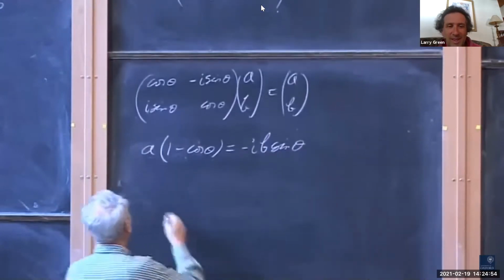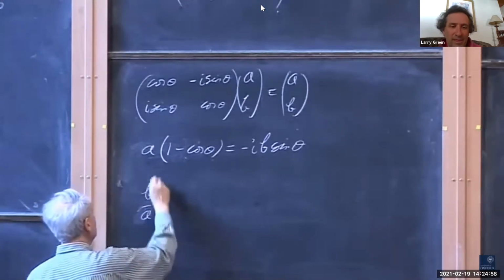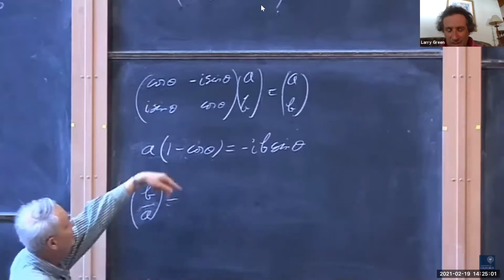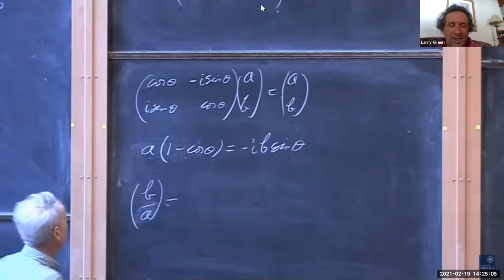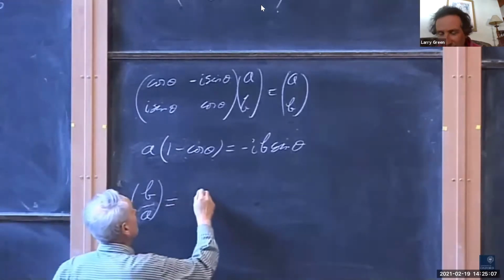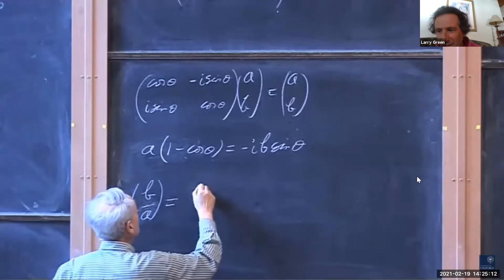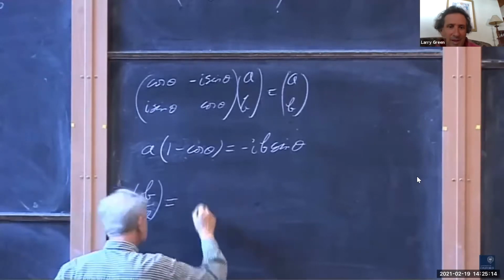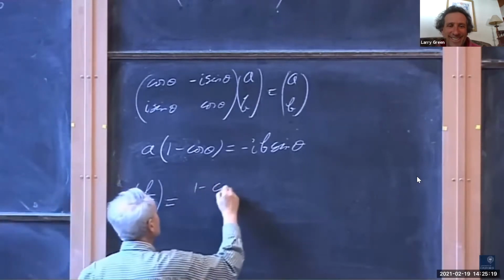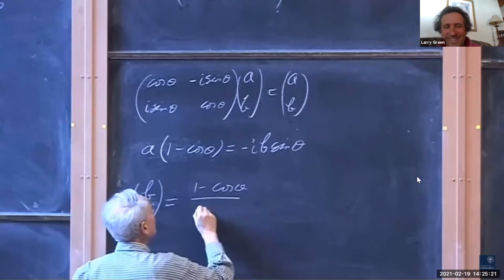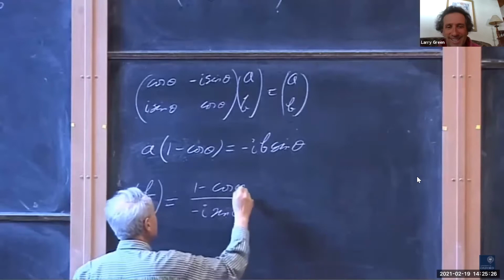In other words, we're going to have b over a, which is all that I can determine out of this, since it's only the ratio of a to b that I can determine. The absolute values have to be determined from a normalization condition. So b over a is equal to (1 minus cos theta) over (minus i sine theta).